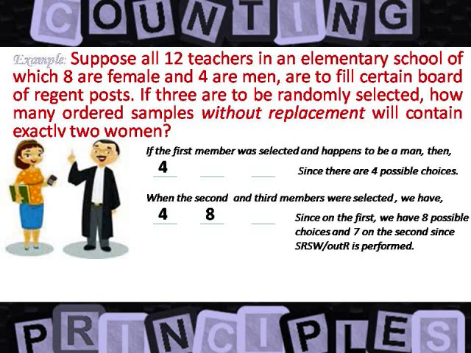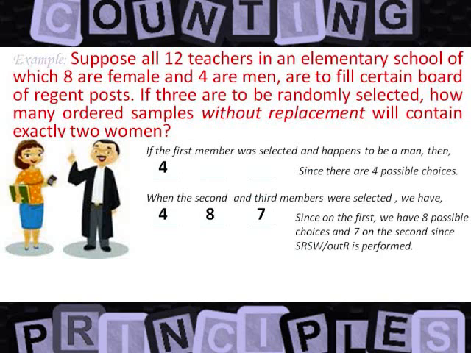Of course, we write 8 since we have 8 possible choices. However, on the third bar, we will just write down 7 since we are doing a simple random sampling without replacement mechanization. Meaning, since we've already selected a woman on the second stage, we just have 7 possible choices to choose from.